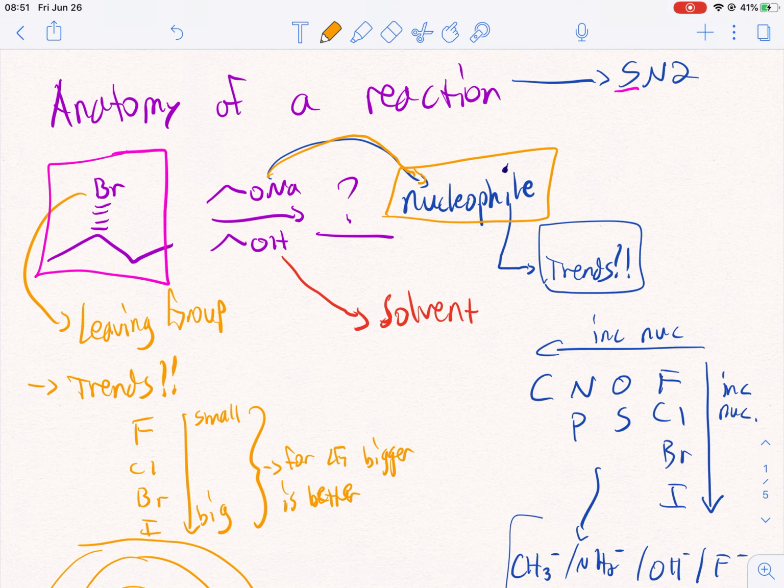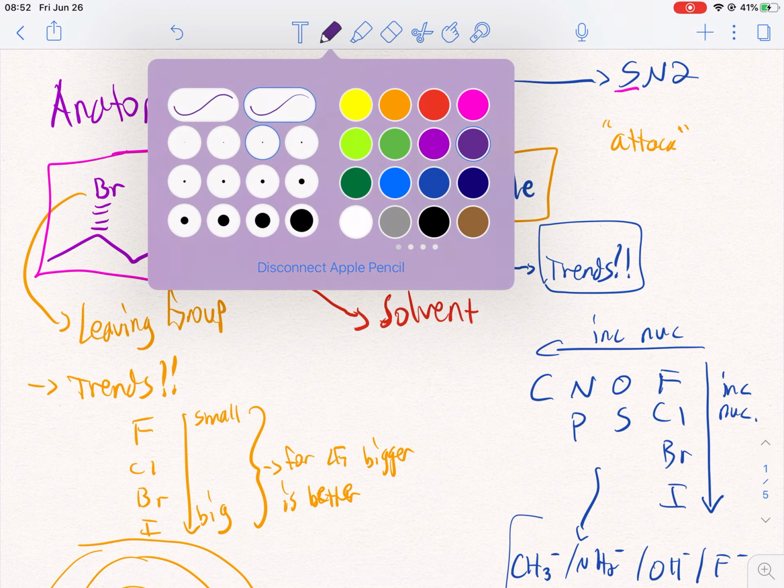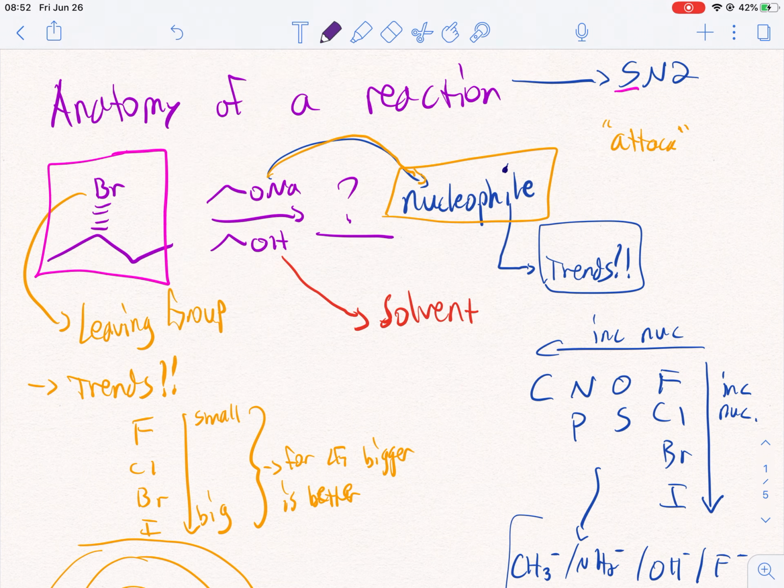So if something is nucleophilic, that means it's going to want to quote unquote attack the substrate. Okay, and that's how reactions happen, right? This nucleophile will come in and attack this substrate.